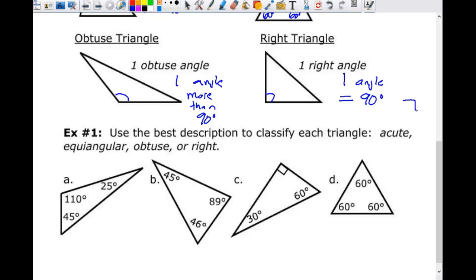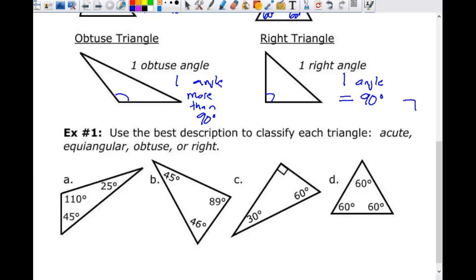All right. So, I want you guys to work in pairs, think, pair, share, and solve A, B, C, and D. I'm going to give you guys like 2 minutes to do that. Okay. Who knows the answer for A? Daniel, why is it an obtuse triangle?